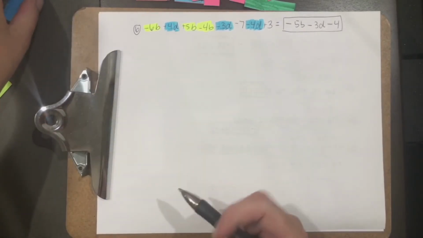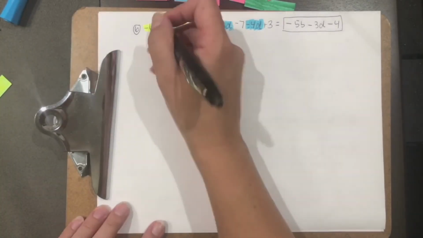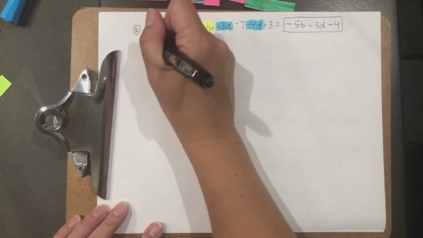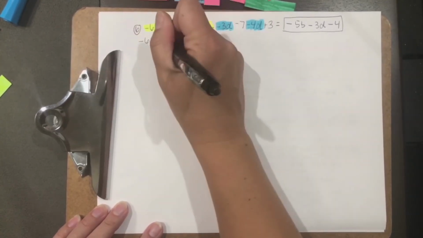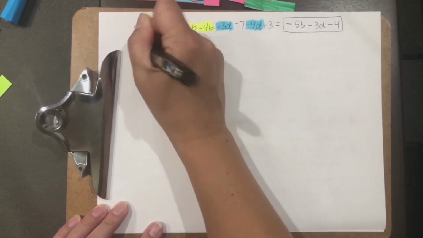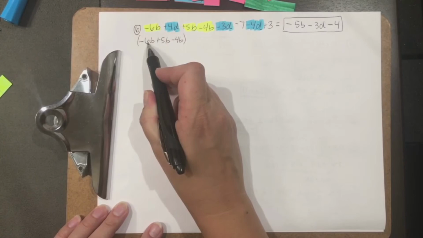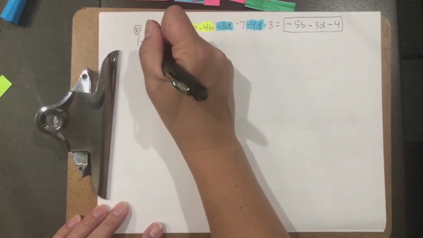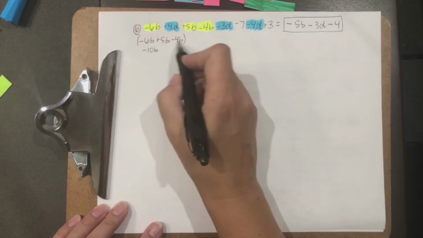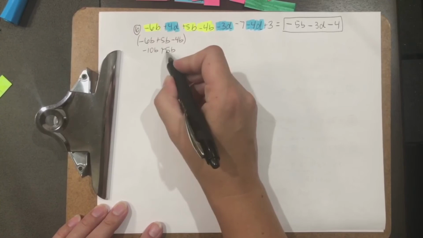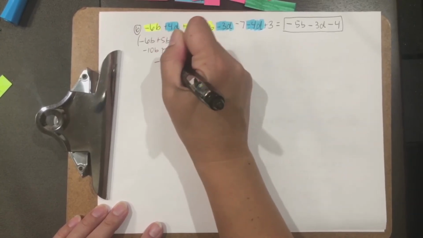I'm including that with what is being highlighted. So now I can kind of put these together a little bit easier. So negative 6B plus 5B minus 4B, and I can do all that together. So negative 4 and negative 6 is negative 10B, so I just kind of did commutative there, plus 5B, and then that's gonna leave me with negative 5B.